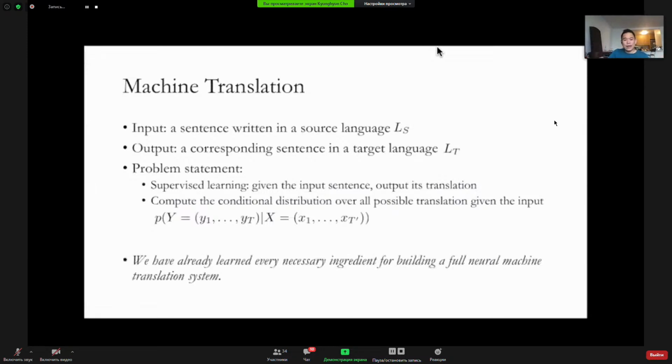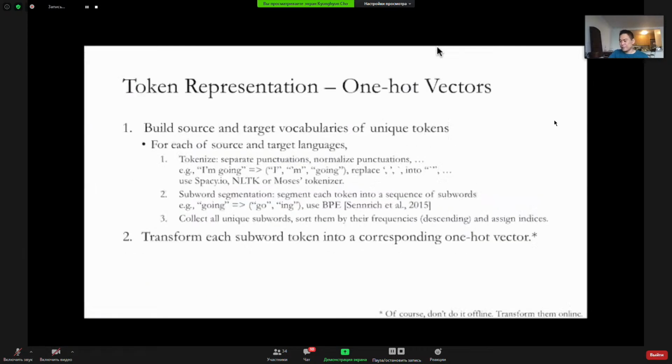And we have learned every necessary ingredient for building a full neural machine translation system, in fact. So, token representation. We're going to skip the part about how to represent the text as a sequence of integers, because we all know that. How we are going to represent the token is as a one-hot vector as usual.